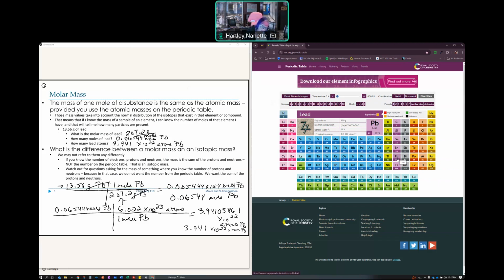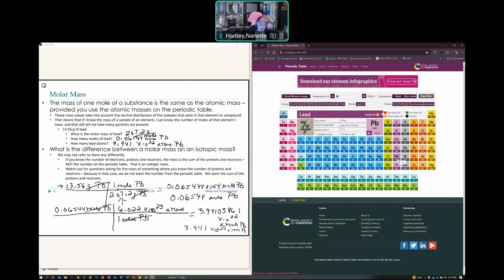Okay? And again, moles of Pb, we're left with atoms of Pb. So, and just atoms is fine, but that's what we're talking about. Okay? So now I can use those things that I have just learned, that the molar mass, 1 mole is the mass on the periodic table, and that mole contains 6.022 times 10 to the 23rd atoms or molecules.